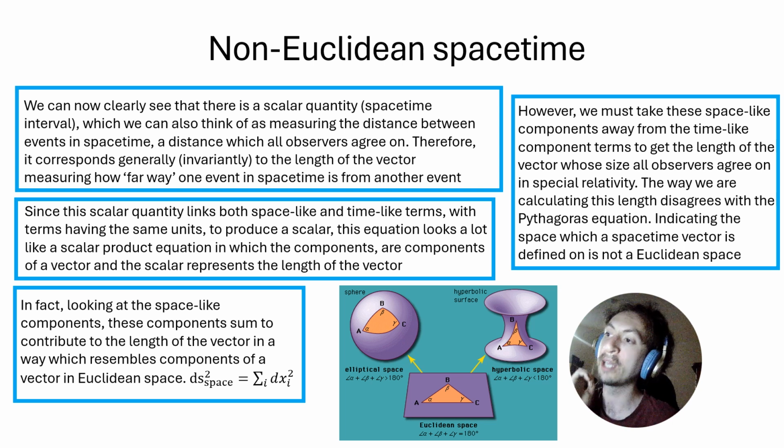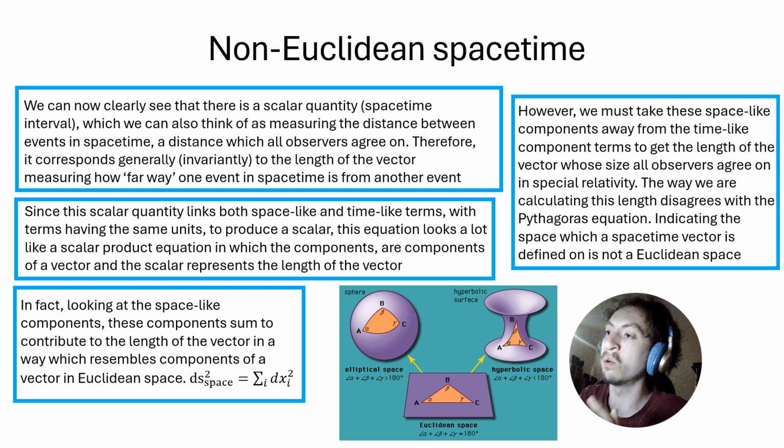And it's this minus sign that makes all the difference. It means that the geometry of space-time, which is based upon a rule for calculating distances between points or events in space-time, does not obey Pythagoras' theorem. There is no consistent way to make it obey Pythagoras' theorem because this minus sign is crucial. Therefore, space-time does not have a Euclidean geometry.